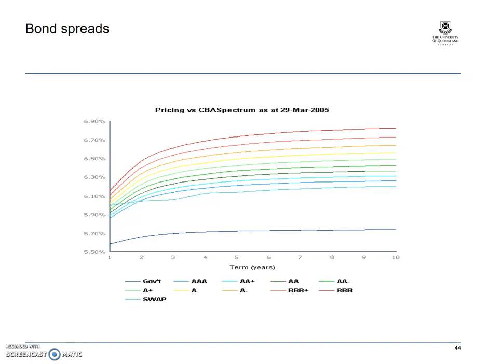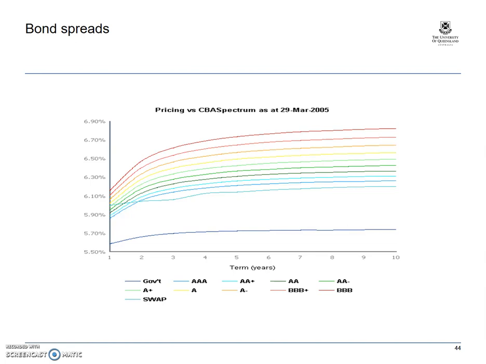Then you can see AAA, there's a spread over and above what the government has to pay for any corporate bonds, because there's a risk that these bonds may in fact default at some point. But AAA is obviously the highest credit quality, and so it's the next lowest line.